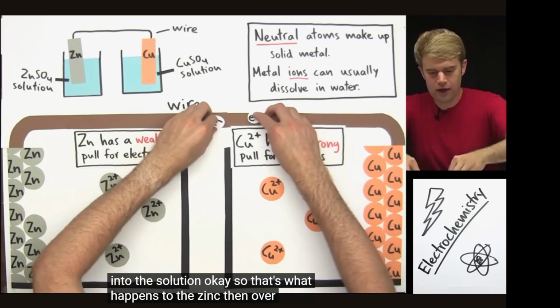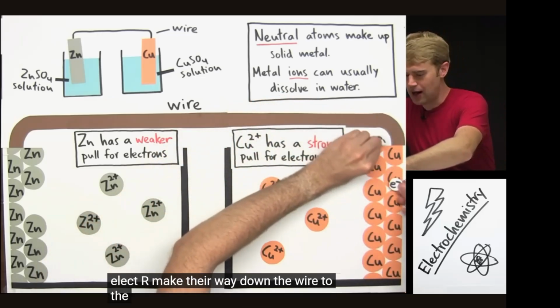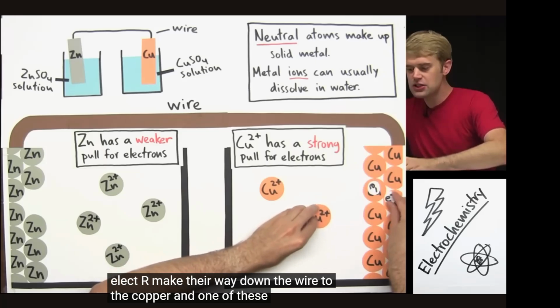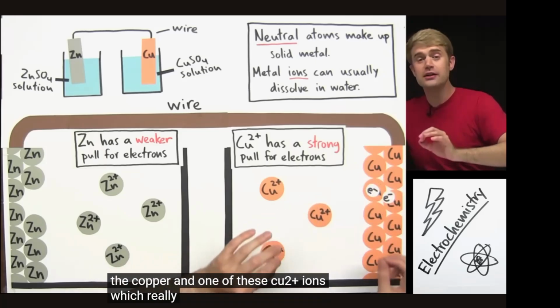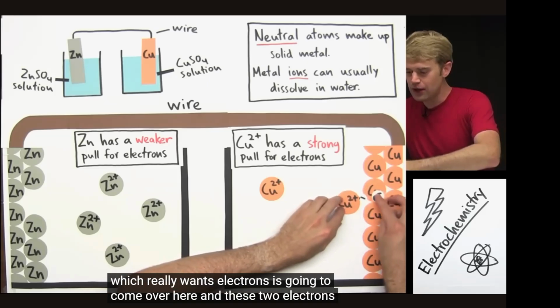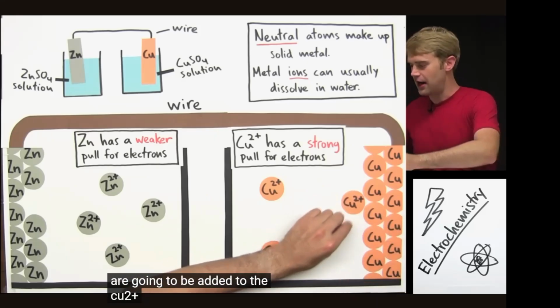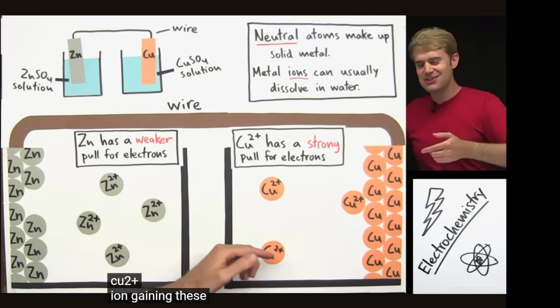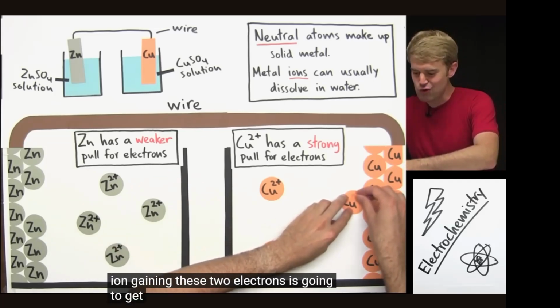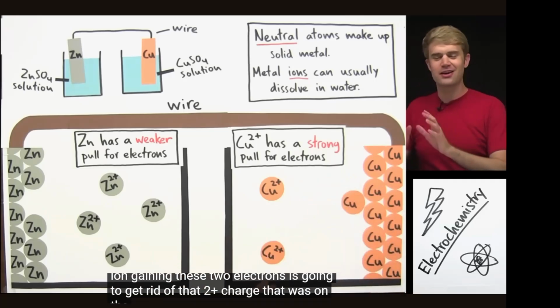Then, over here, these electrons make their way down the wire to the copper. And one of these Cu2+ ions, which really wants electrons, is going to come over here, and these 2 electrons are going to be added to the Cu2+ ion. Gaining these 2 electrons is going to get rid of that 2+ charge that was on the copper.